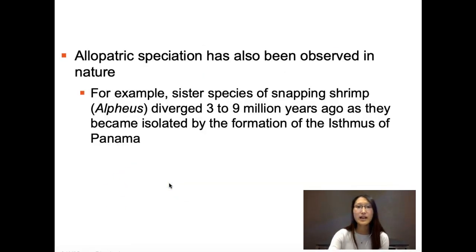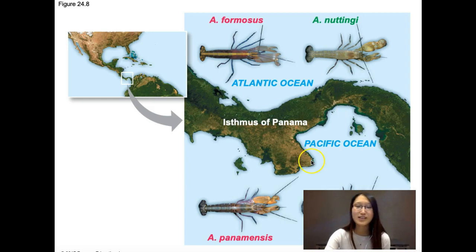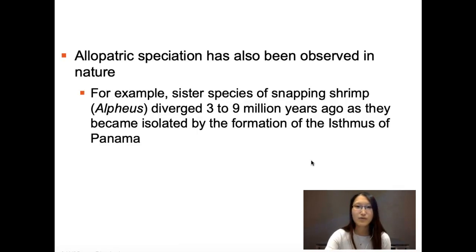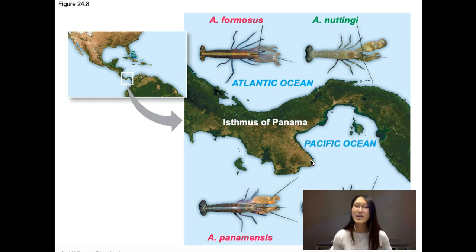All right, the next one, obviously allopatric speciation can also be observed in nature. And a typical example is the formation of the Isthmus of Panama and snapping shrimps. So how this worked was, 3 to 9 million years ago, the Isthmus of Panama was actually not there. It was under the ocean.